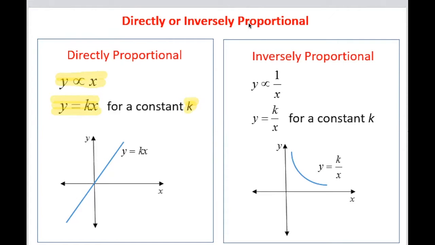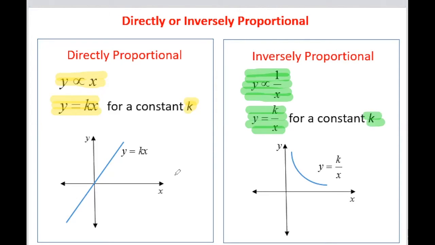On the other hand, if we say y is inversely proportional to x, then we write y proportional to 1 upon x. So for inverse, we take the reciprocal and we write 1 upon x, as you can see here. So when we remove the proportionality sign, we write y equals k upon x, where k is the constant of proportionality.